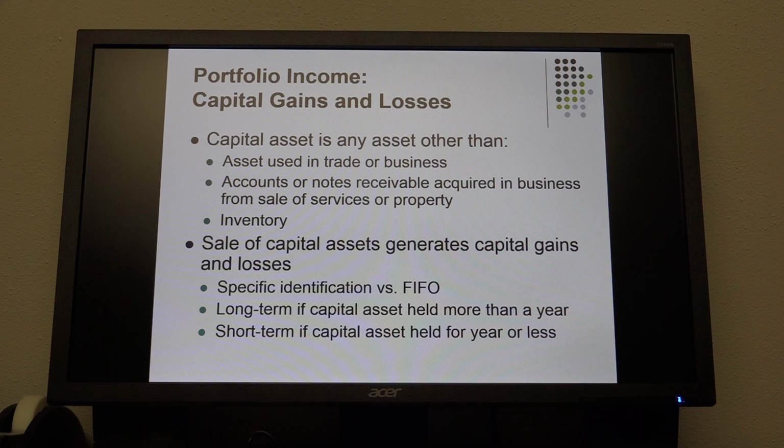I don't know if we discussed that in this chapter, but I'll just mention that if you acquire a capital asset by gift, you get to include the time that the donor, the person who gave the gift, held it in determining whether it's a long-term or short-term capital asset. Same goes for inheritances.